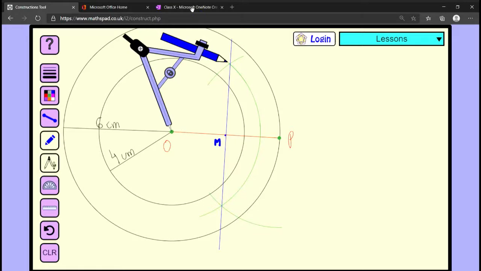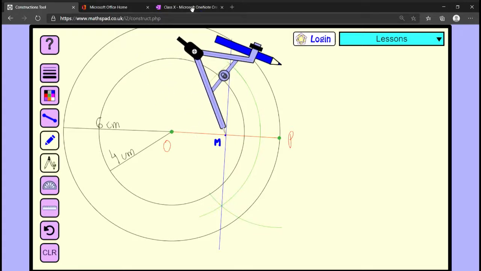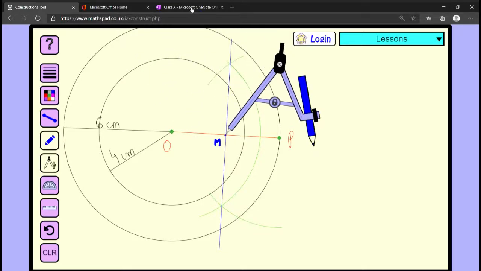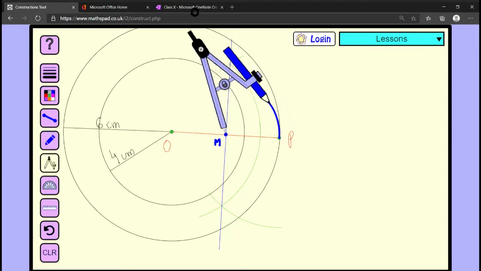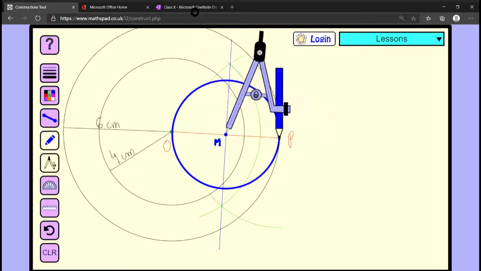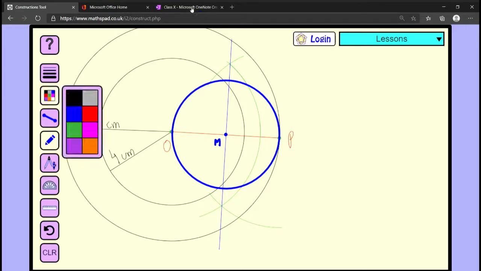So taking the compass, placing it at point M, opening it equal to MP and then drawing a circle. The points where this circle meets your smaller circle, the one with radius 4 centimeters, those points of intersection will act as the points of contact.